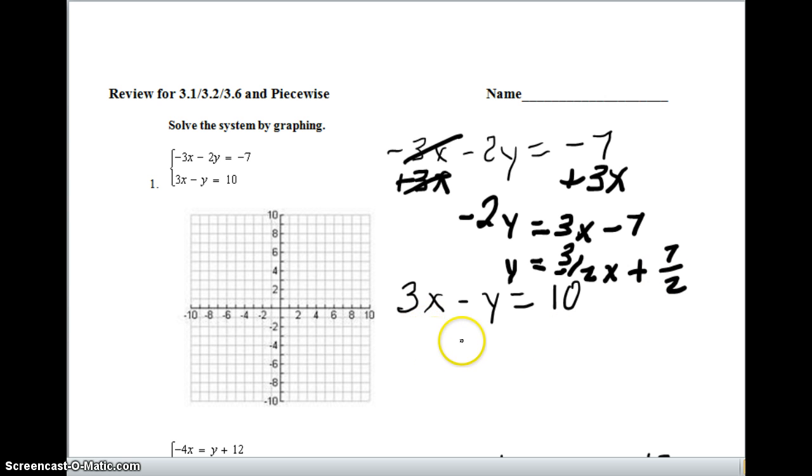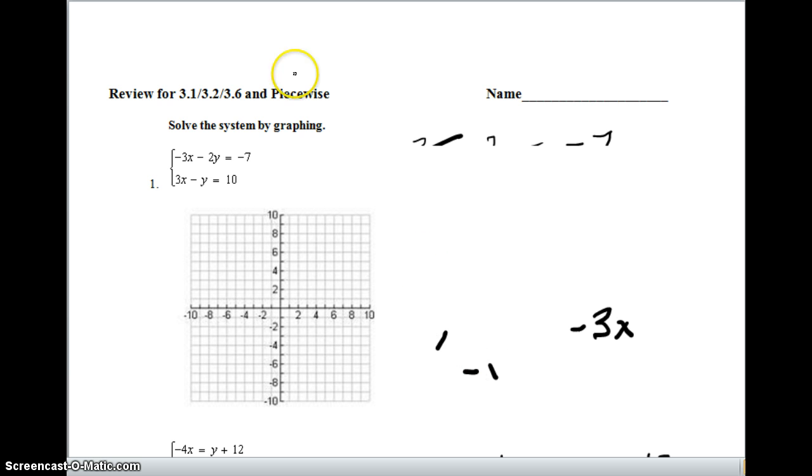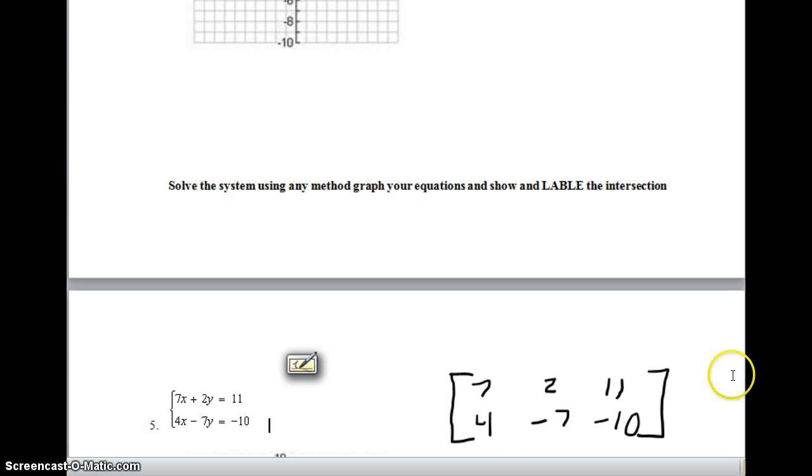Next one, subtract 3x from both sides. And that's going to leave us with negative y equals negative 3x plus 10. Sorry about the technical difficulties here.